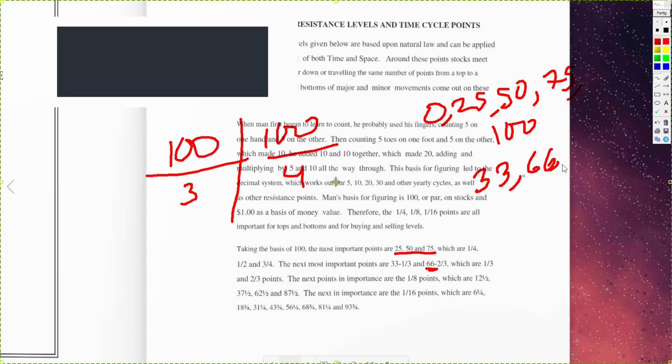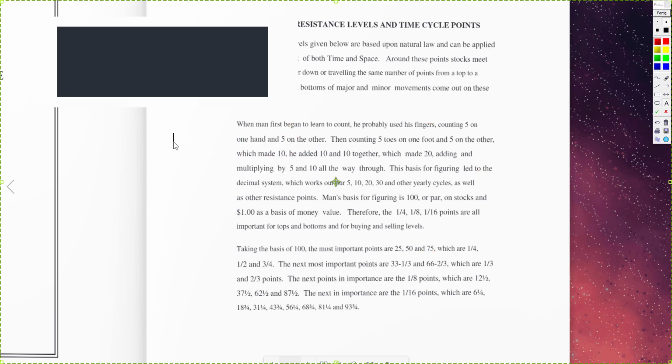So if we clear out everything and write down just the sequence: 0, 25, 50, 66, then he has 75, 100, and I think I missed 33 here.